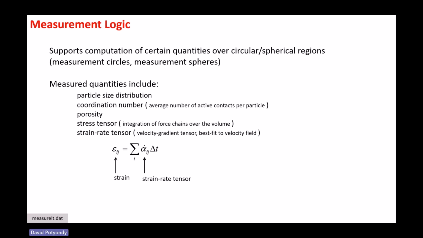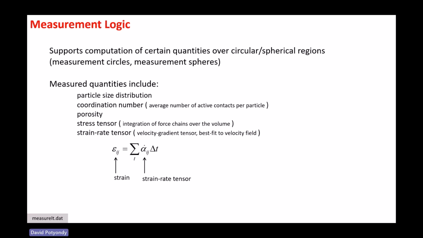So what the strain is, is the spatial variation of the displacement field. That's what a strain is. In the world of PFC, we don't have displacements. We just have velocities that we always know. We know the field of velocities. So what we can do is we can do a velocity gradient tensor, okay, by basically doing a best fit to the velocity field that we're sampling.